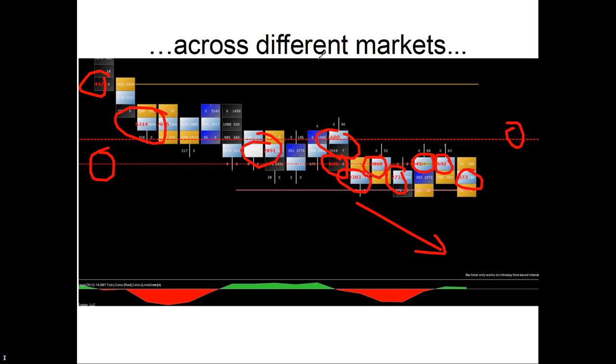Yeah, that was very obvious during the consolidation periods. If you just sit there and you count the large aggressive sellers versus the large aggressive buyers, it kind of gives you a clear direction on the breakout. And that was, if I'm not mistaken, the ZN back up at 116, I believe.